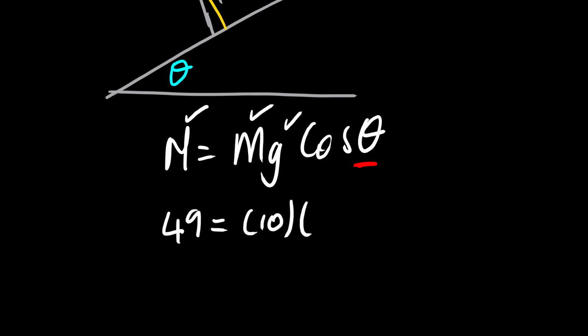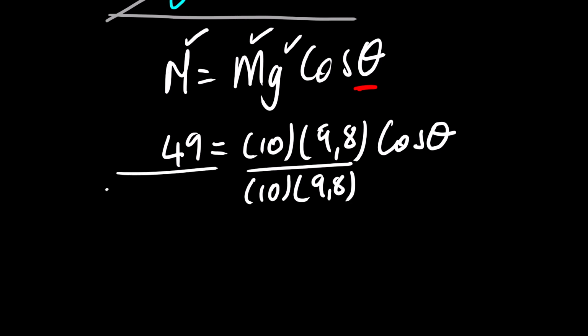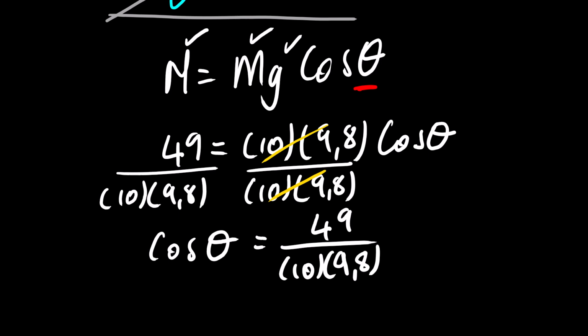Our mass is 10. Our acceleration is 9,8 cos theta. We divide both sides by 10 times 9,8. We know that this will result in 1. 1 multiplied by cos theta is cos theta, which is equal to 49 over 10 times 9,8.